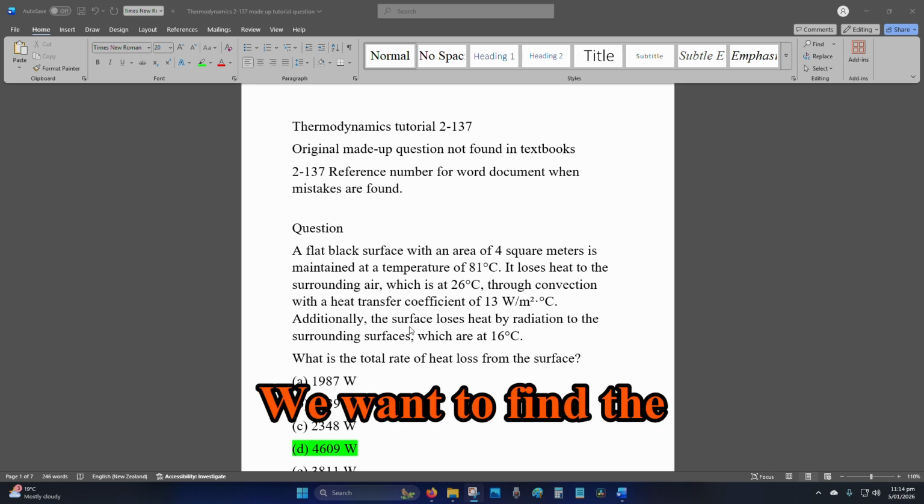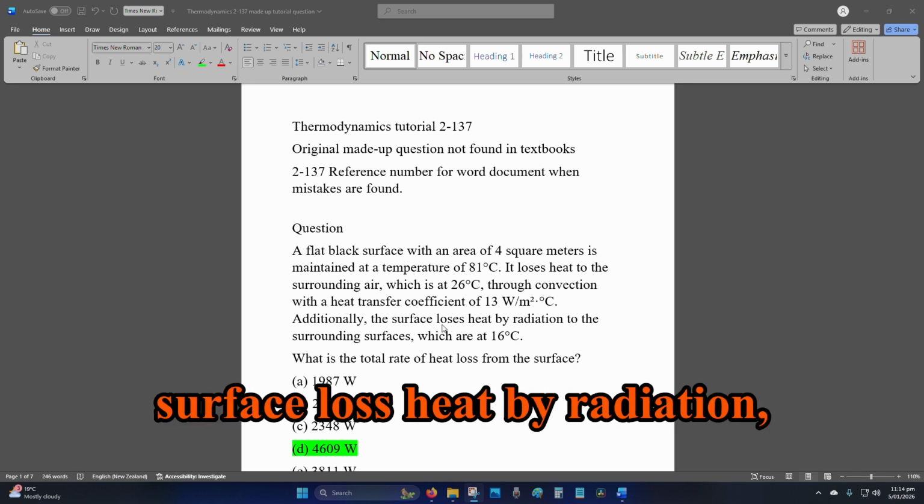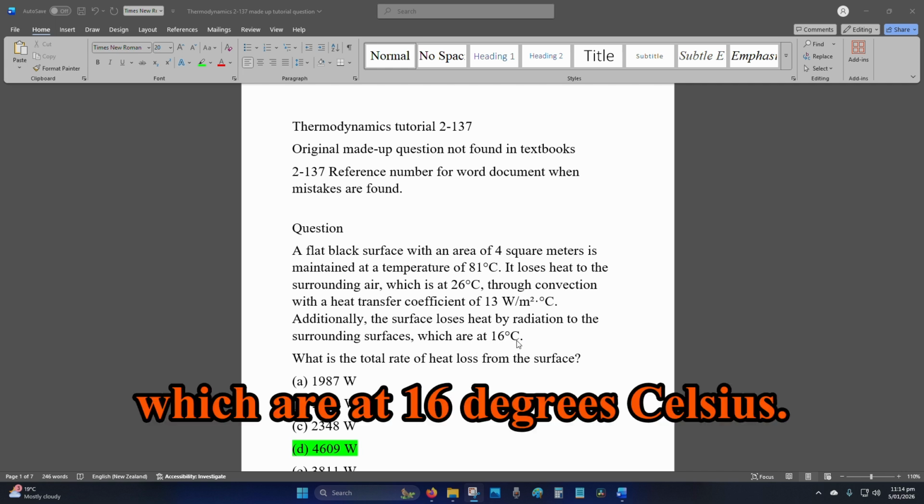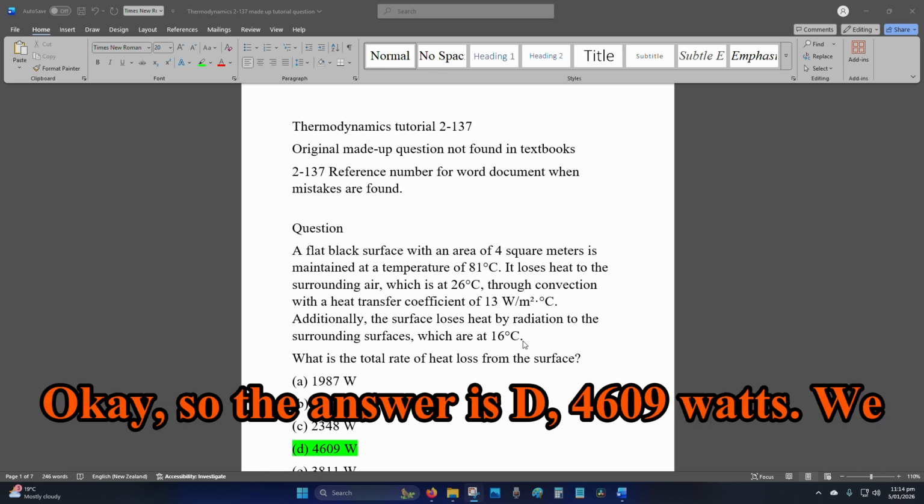We want to find the surface heat loss by radiation, which are at 16 degrees Celsius.